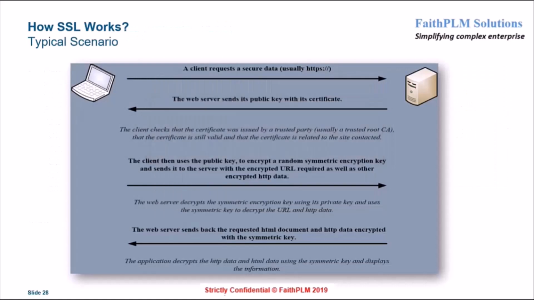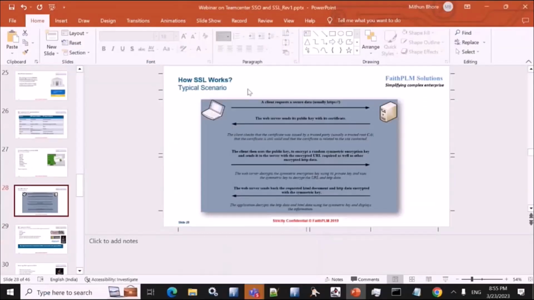This is how a typical SSL scenario works, how SSL basically works. In SSL, the client will check whether it is pointing to the correct server or not. So the client basically confirms server authentication, which means server validity. The client first tries to provide the URL. I'll simplify this and quickly go over here.